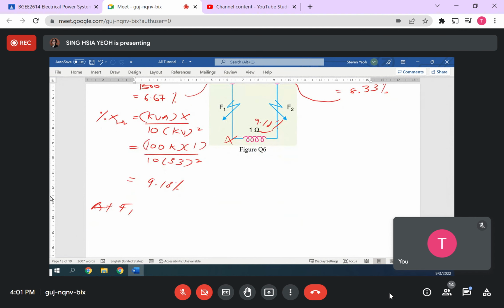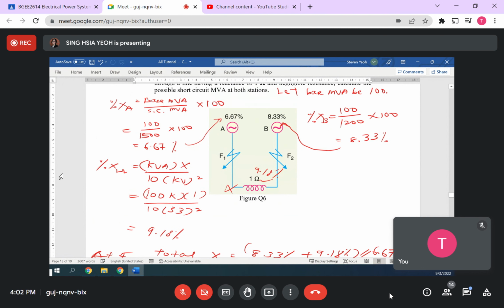At F1, the total x will be 8.33% plus 9.18%, then parallel with the generator 1, 6.67%.